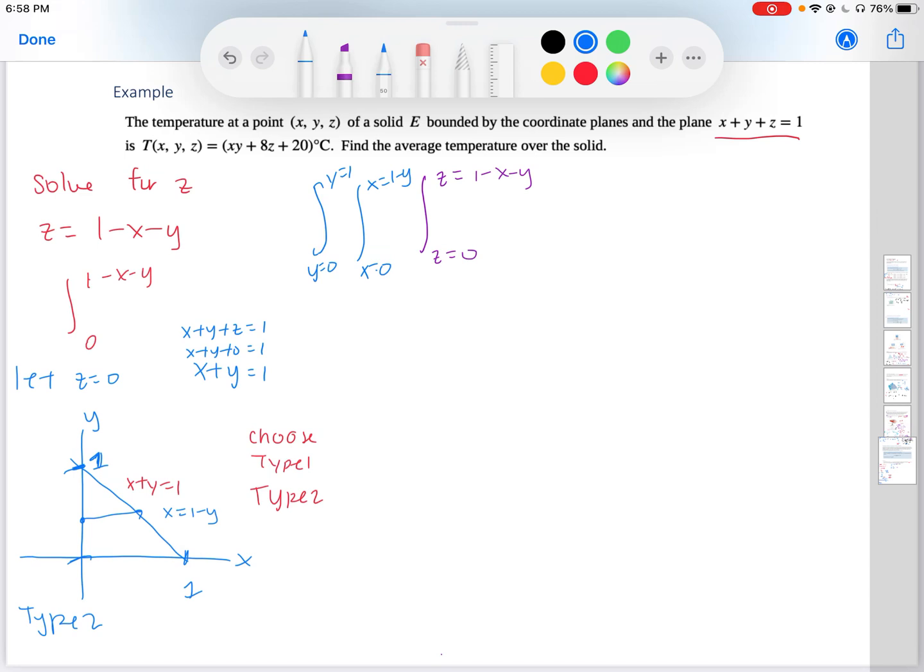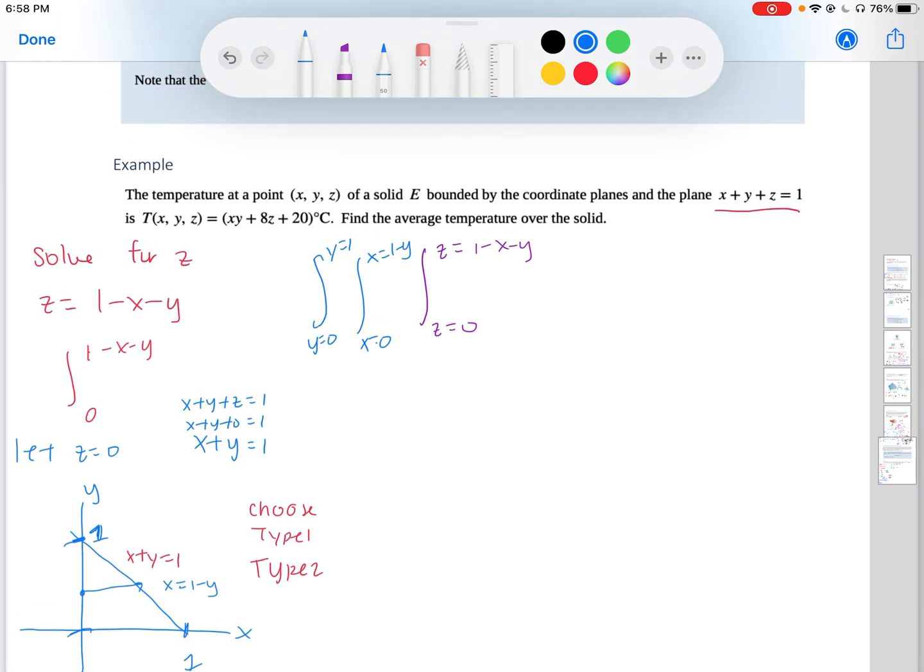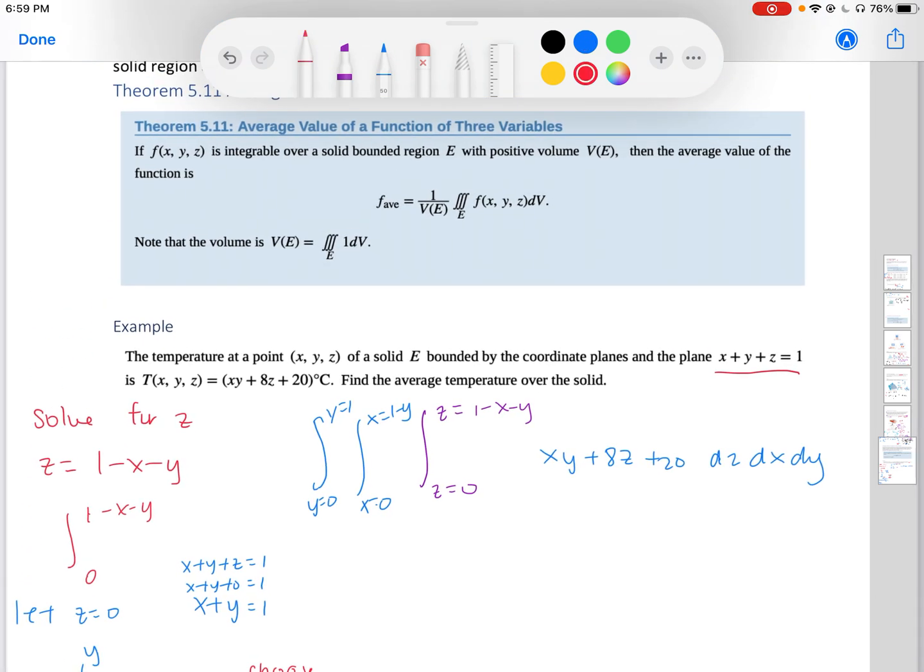Now we're integrating over our function, xy plus 8z plus 20. That's the function given. So we write our integrand, then dz, then dx, and then dy. What we did here is actually this part here: we're integrating over our function.